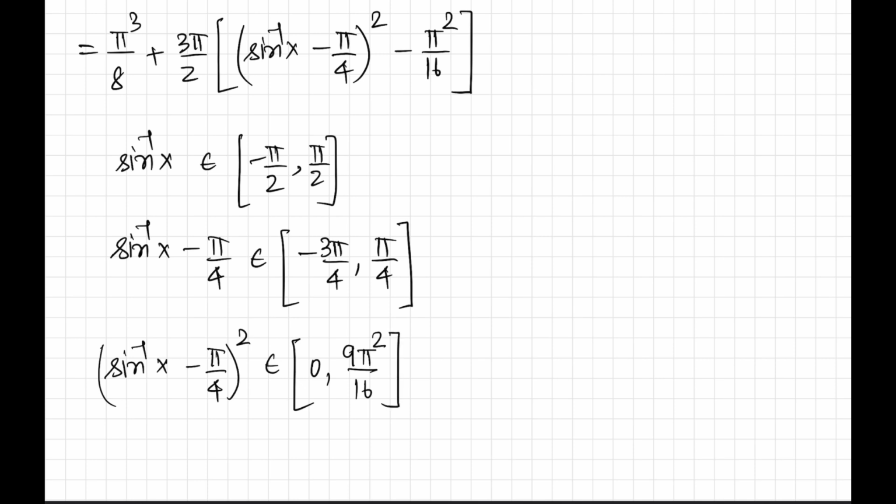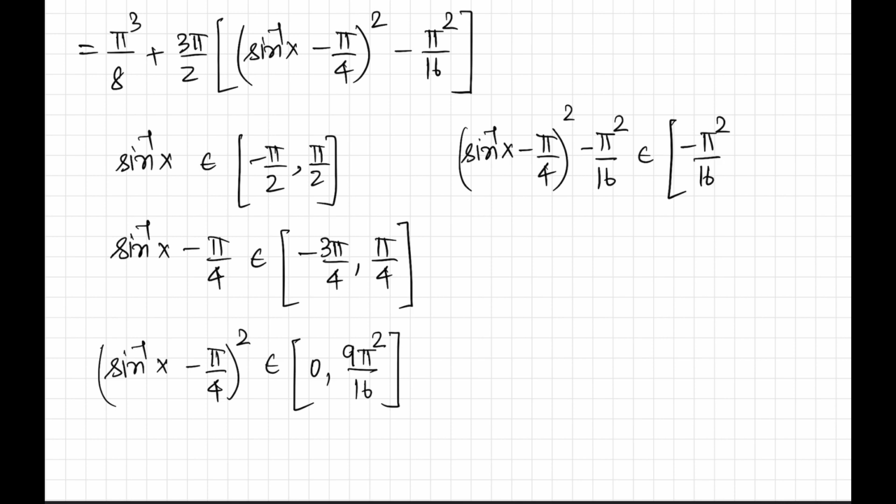And now we have to subtract pi square by 16. So sine inverse of x minus pi by 4 whole squared minus pi squared by 16 will belong to minus pi squared by 16 comma 8 pi squared by 16, which is basically pi squared by 2. And this is to be multiplied by 3 pi by 2.